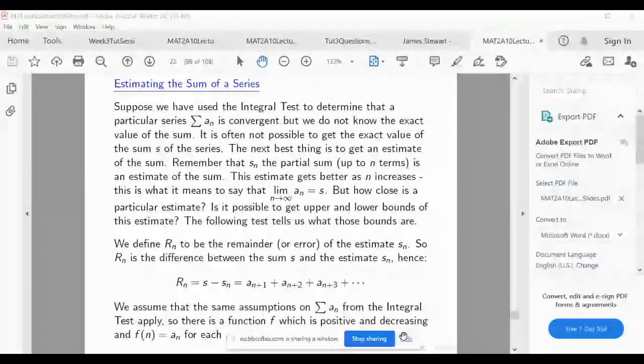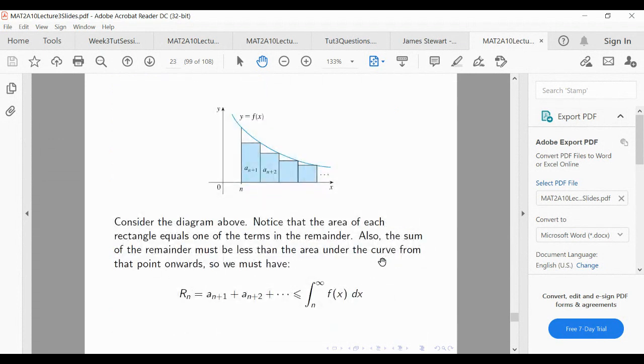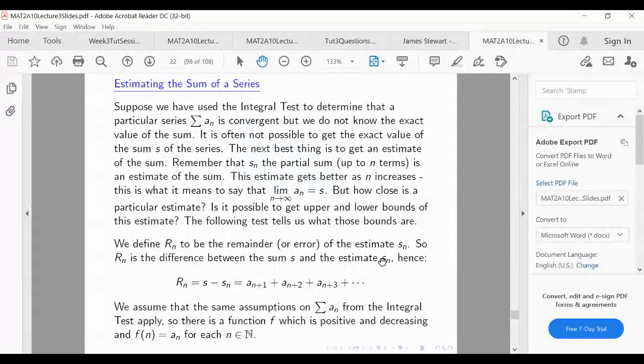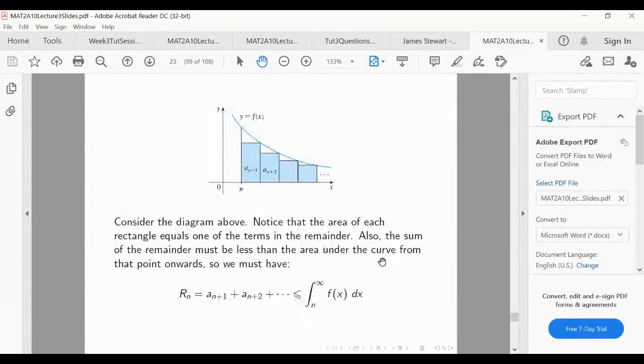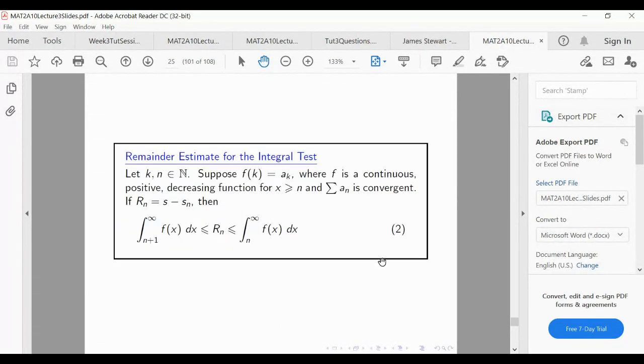I haven't put in the pauses yet, as I do that just before the lecture. Basically, estimating the sum of a series allows us to set up an upper and a lower bound for the sum of a series.